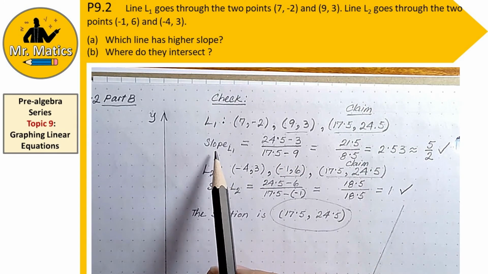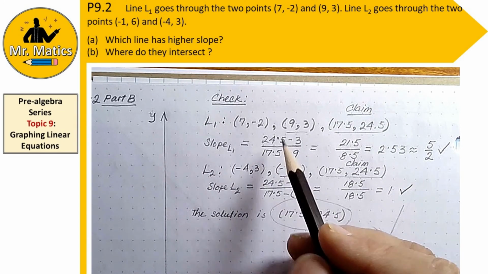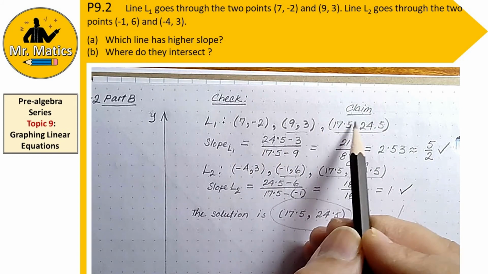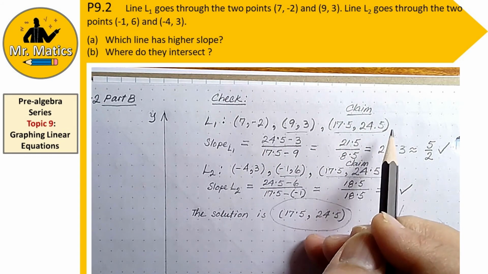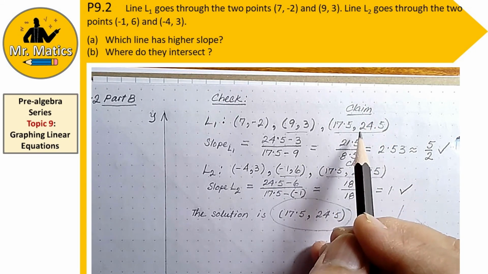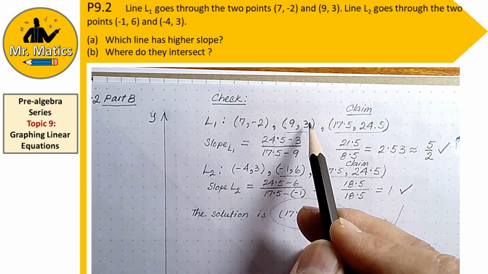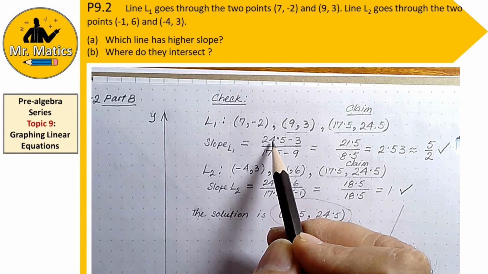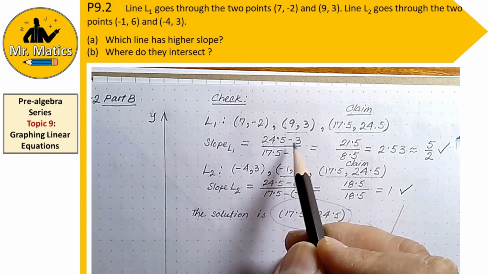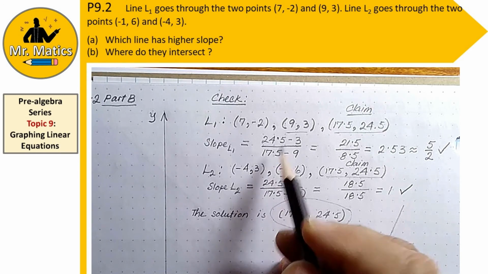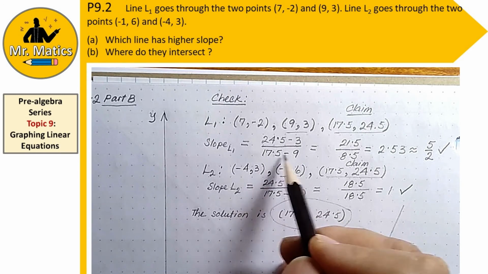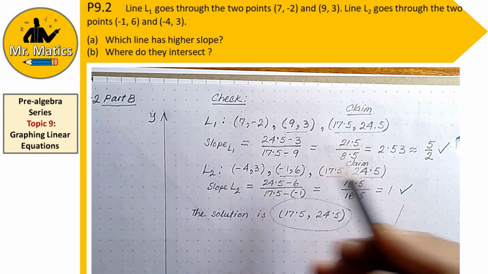So the slope of L1: rise is the difference of the y-axis values, 24.5 minus 3, and run is the difference of the x-axis values, 17.5 minus 9.